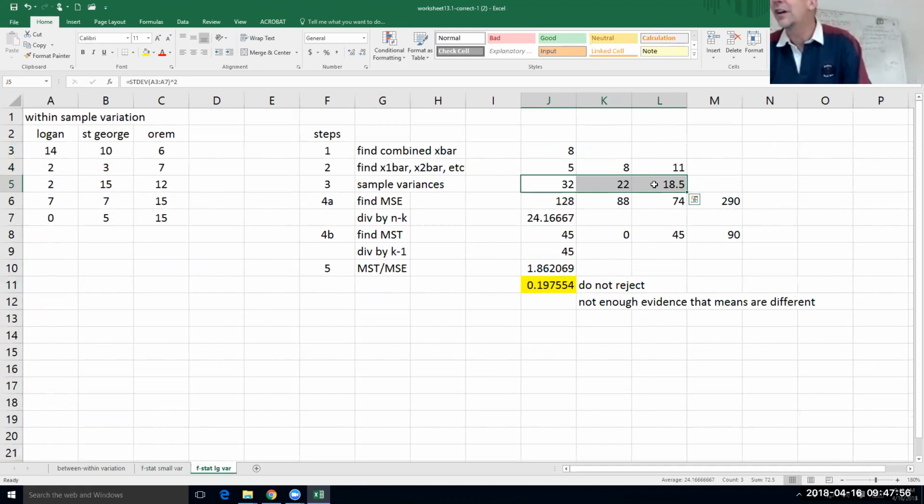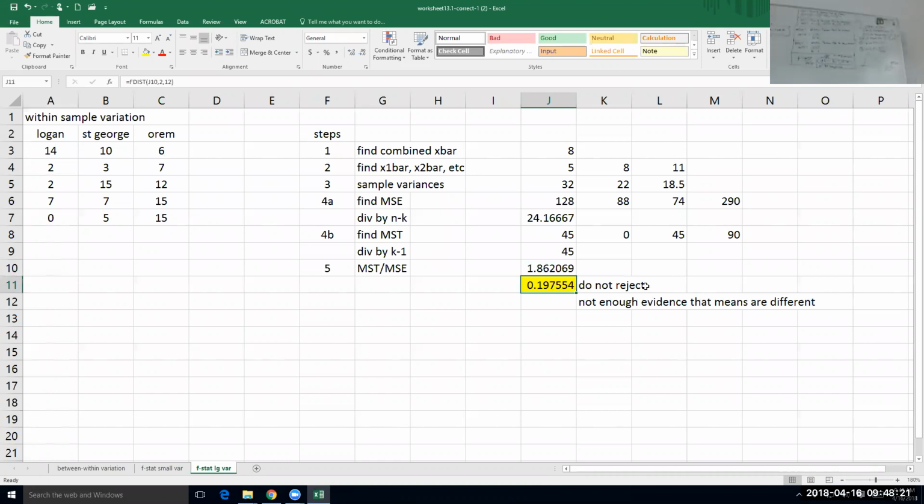Our variances are very different, though. We find our MSE, 290 divided by 90, works out to be, in this case, 1.86. We put in our 2, 12 degrees of freedom. I get a value of 0.19.